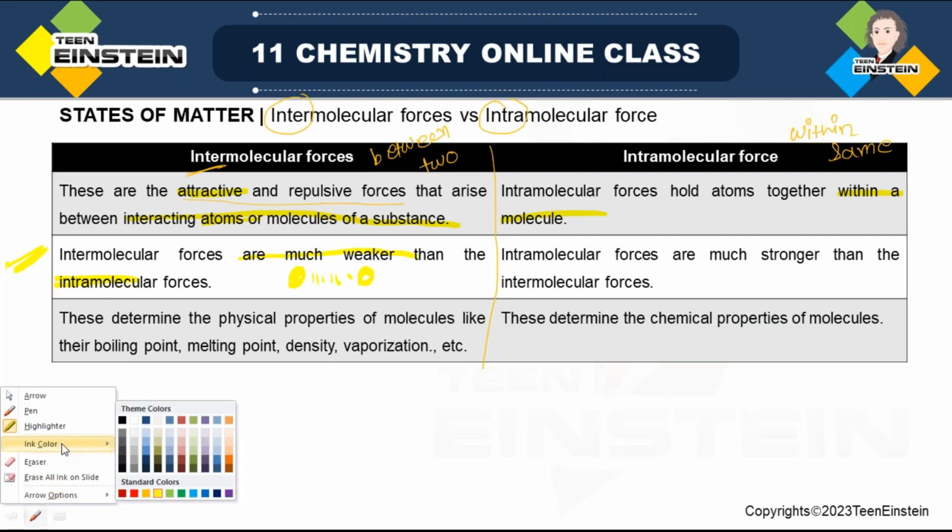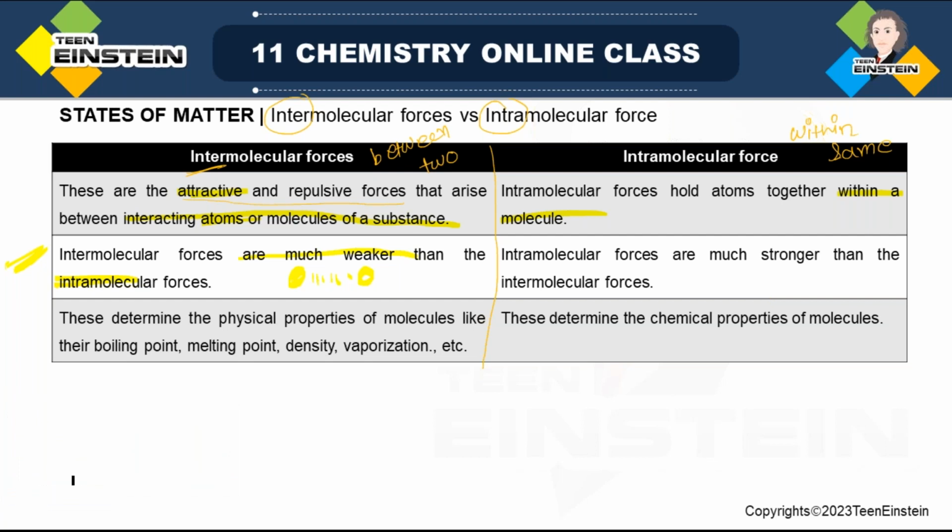See, if I write any example, just take a water molecule. So here two H-O bonds are present. This bond is a covalent bond. So this is actually an example of intramolecular forces. So obviously this will be much stronger than the other one, because in the other one you are taking two individual molecules.